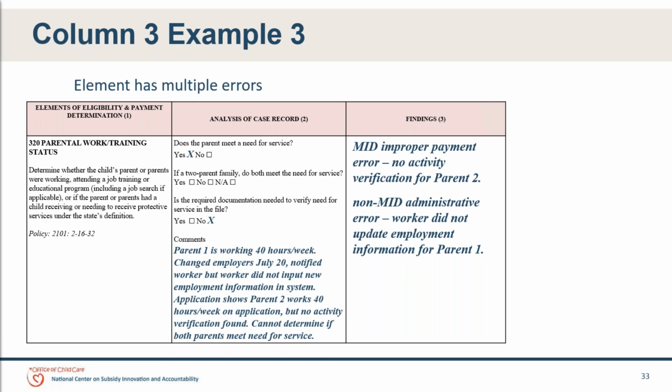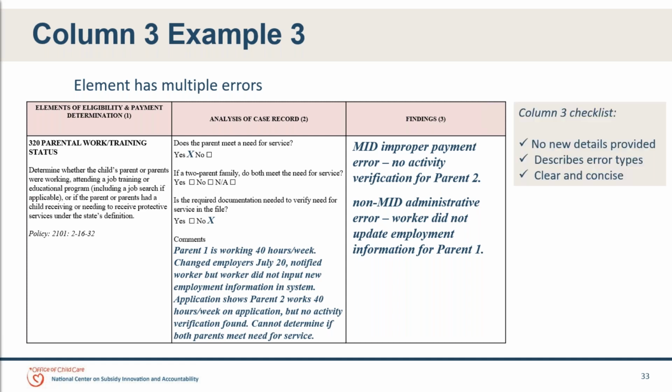And there was also a non-MID administrative error, and that's because the worker did not update that employment information. Taking a quick look at our checklist, we don't have any new details provided here. The reviewer has described the error types, again, focusing on if it's payment versus administrative, MID versus non-MID. And it's clear and concise.